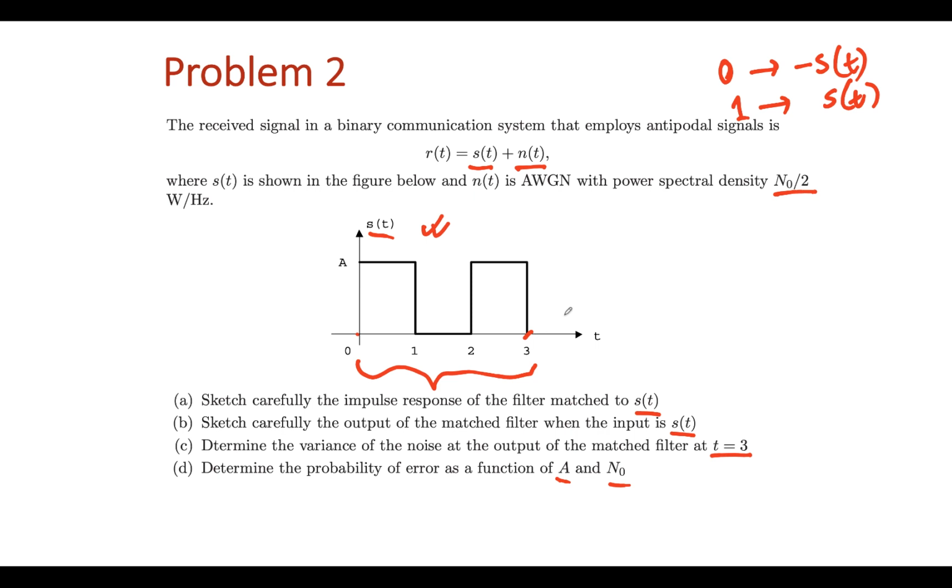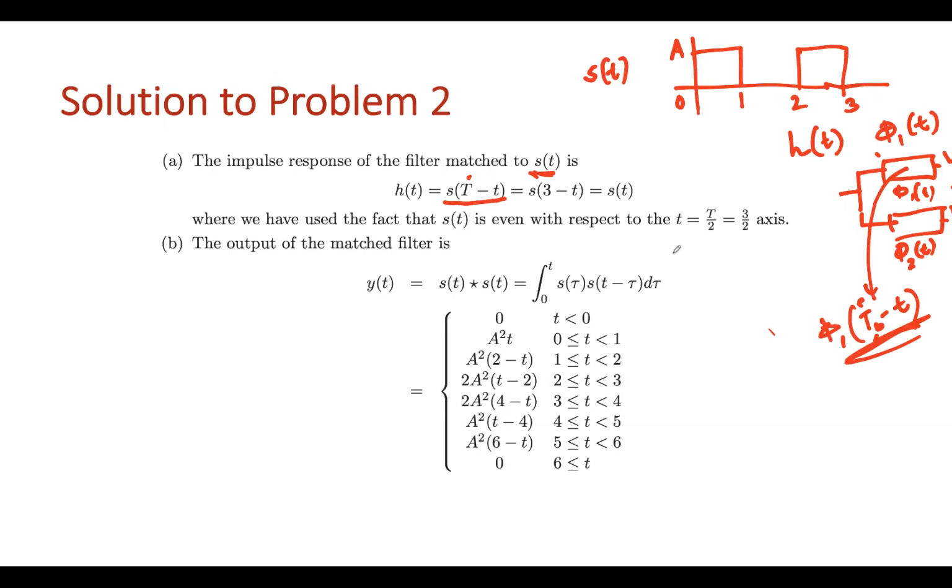This is the duration of a bit, because the signal that you are sending is defined over a bit duration. So in this case your bit duration TB is 3. So that is what we are using here, s of capital T minus t, or TB minus t, you can use any notation. So that is your s of 3 minus t.